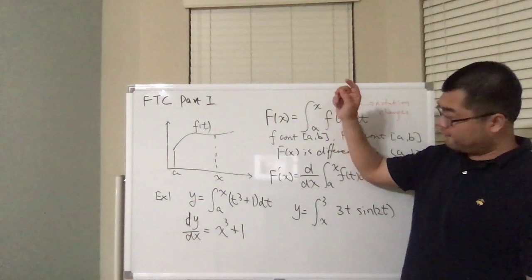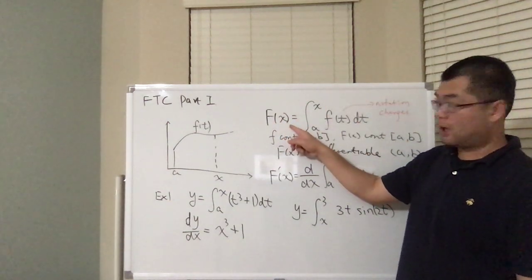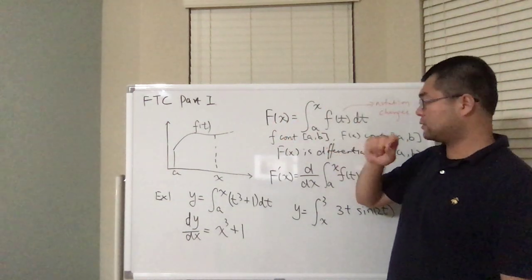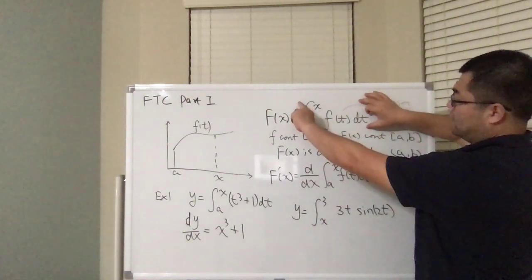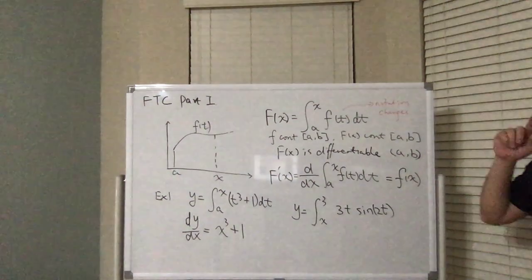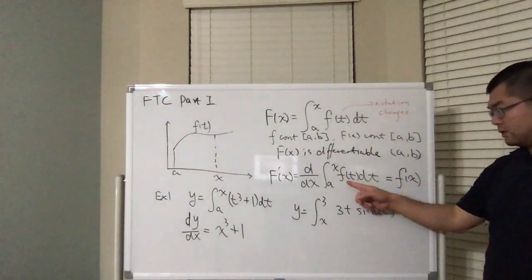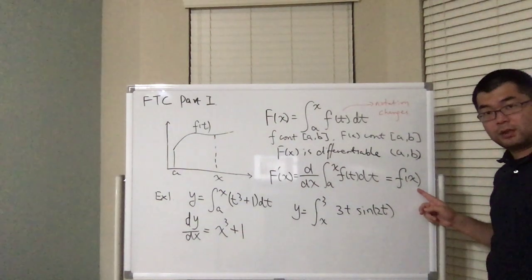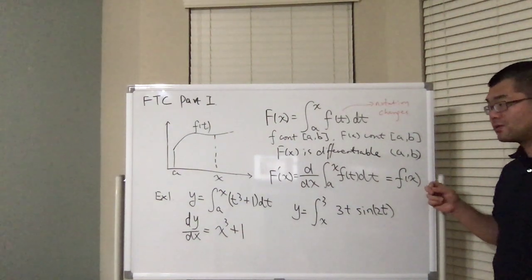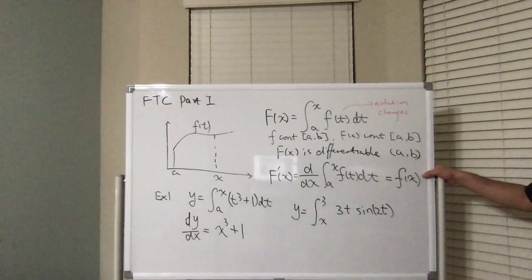The derivative of this capital F of x, where you take the derivative of this integral, equals f of x. So this is the fundamental theorem of calculus part 1.